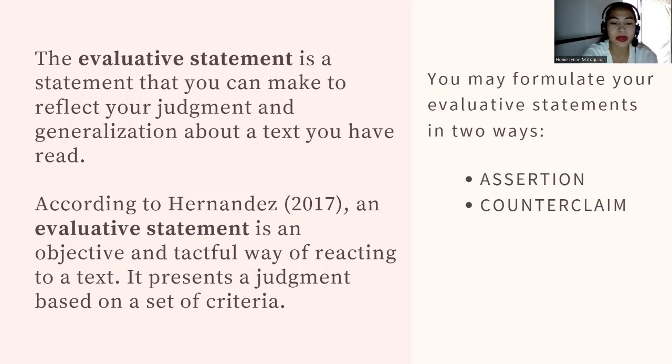It is the writer's way of explaining why strength is strength and weakness is weakness based on the evidence gathered. Since evaluations pass judgment onto works of authors, they must be written and expressed with care and after much diligence. You may formulate your evaluative statements in two ways, such as formulating assertions and formulating counterclaims.